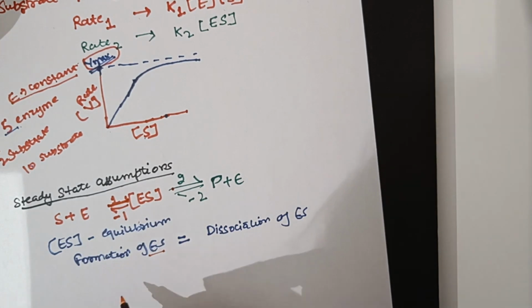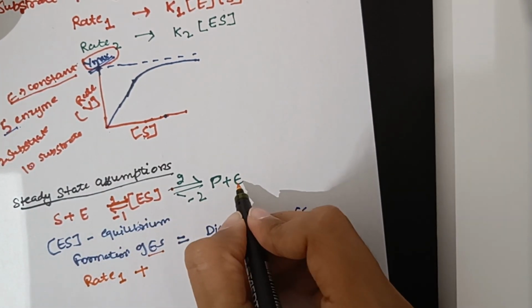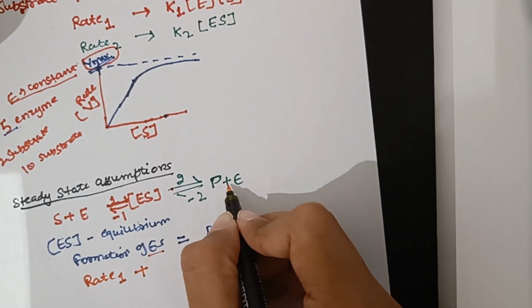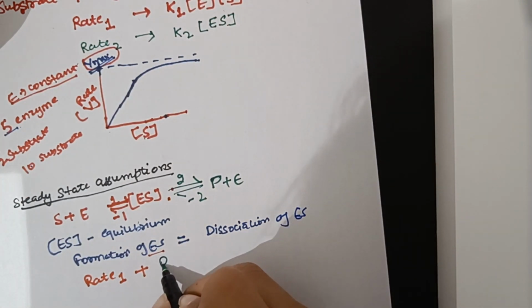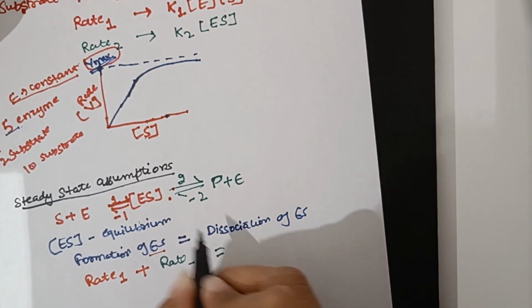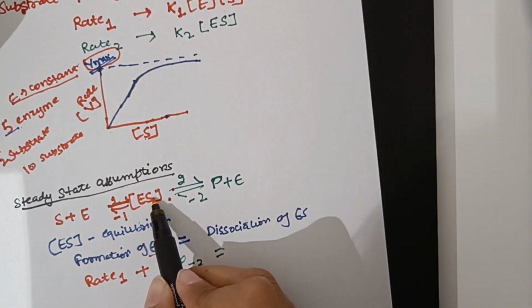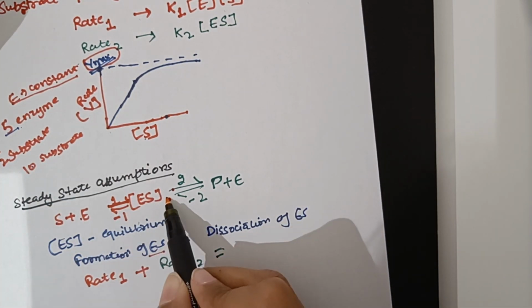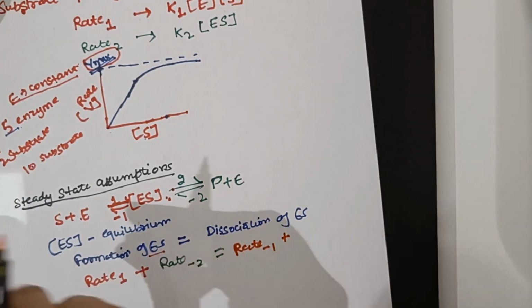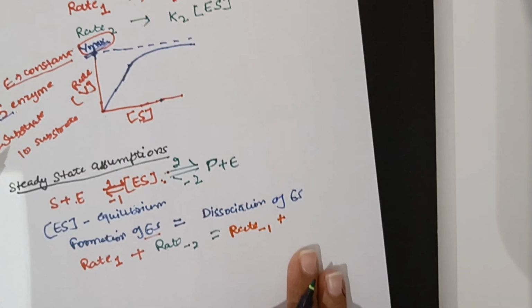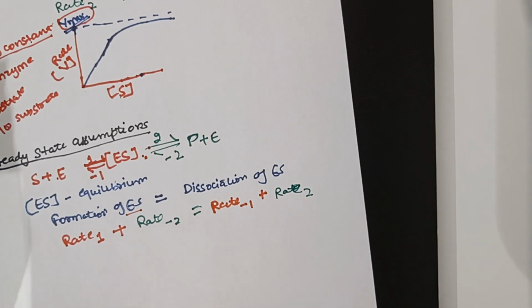By rate 1, plus when the product and enzyme go back to ES, rate -2, which is equal to the dissociation. The dissociation, as you can see, is when ES goes in either this direction or that direction, which is rate -1 plus rate 2.